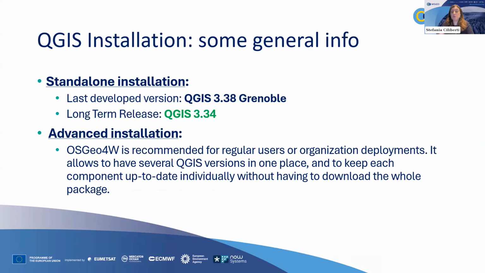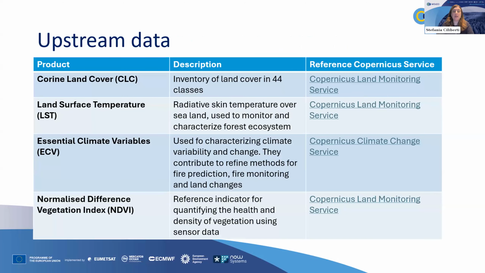QGIS offers two possibilities for installing it in standalone mode: downloading the executable from the QGIS web page, where you also have access to the long-term release, and an advanced installation through OSGeo4W that allows you to simultaneously maintain different versions of QGIS on your laptop. But now let's dive a bit more into our training session.